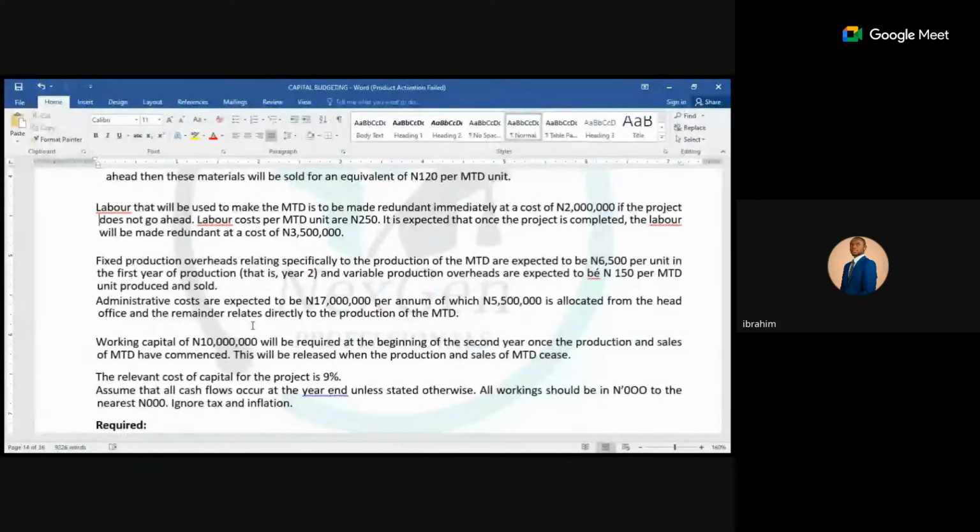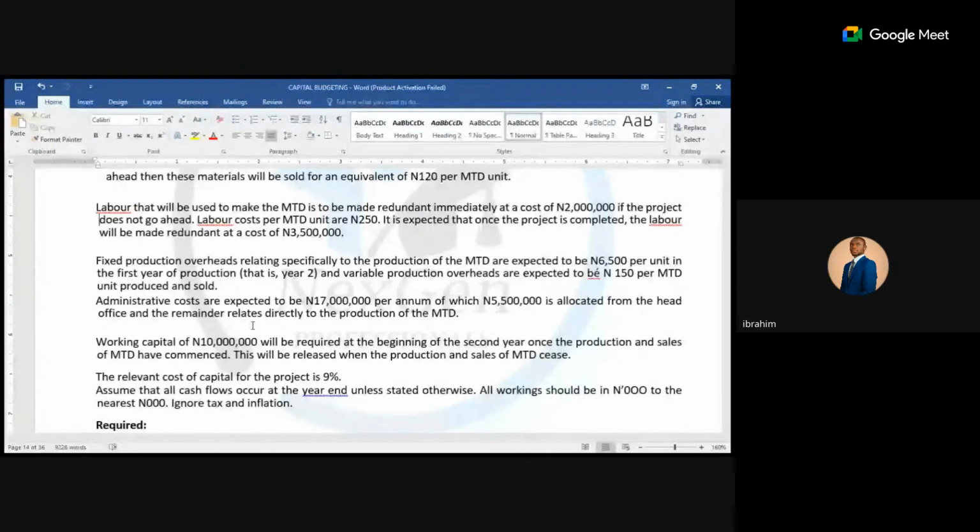Now, labor costs per MTD unit are 250. It is expected that once the project is completed, the labor will be made redundant at a cost of 3.5 million, right? Now, how do we treat the first 2 million that says if the project does not go ahead?